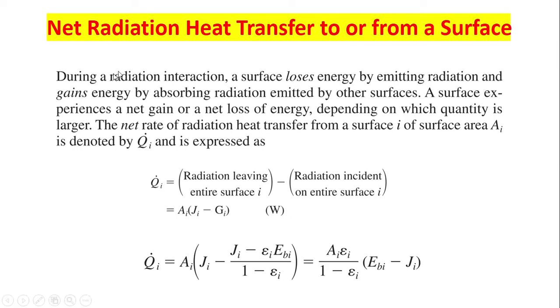So a surface experiences a net gain or a net loss of energy depending upon which quantity is larger. If it is gaining energy, the net gain would be higher. If a particular surface is losing energy, the net loss would be higher.